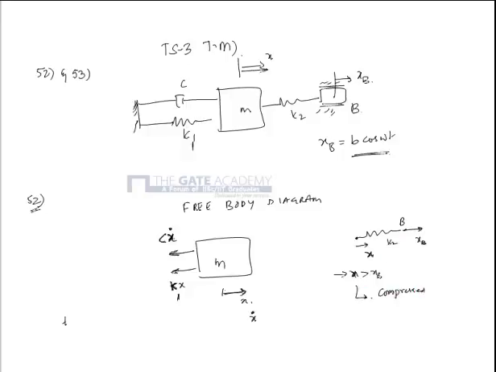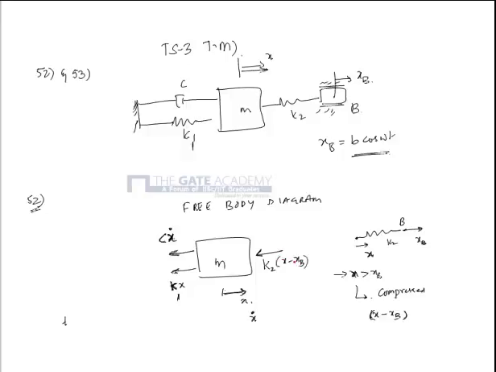When it is compressed, the spring will try to expand and so exerts a force on m in this direction, and the value is K2 into the compression of the spring, which is x minus xb.